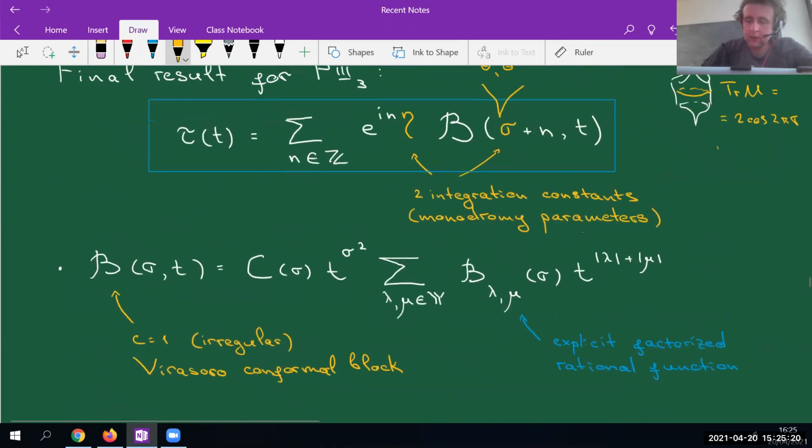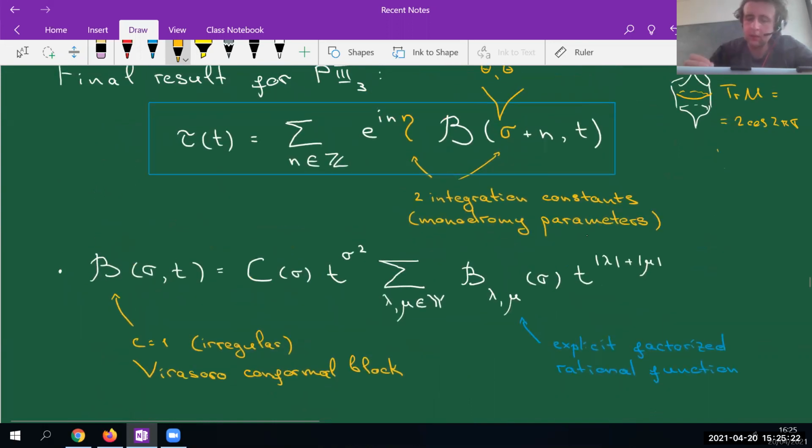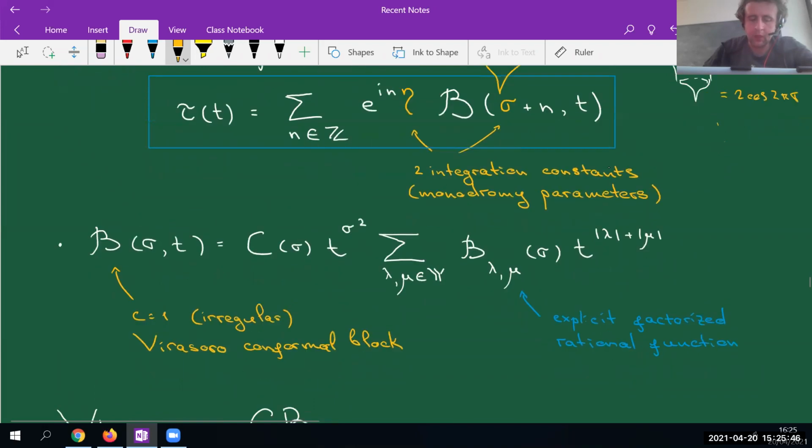And it so happens that this function B that we have computed from the Fredholm determinant coincides with the so-called irregular Virasoro conformal block with central charge equal to 1.